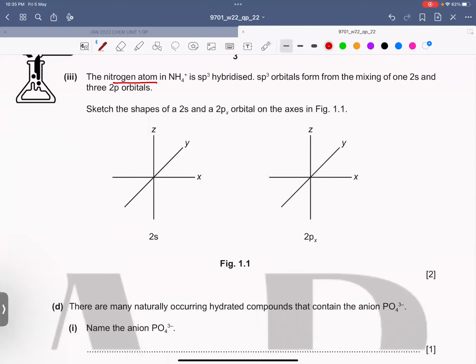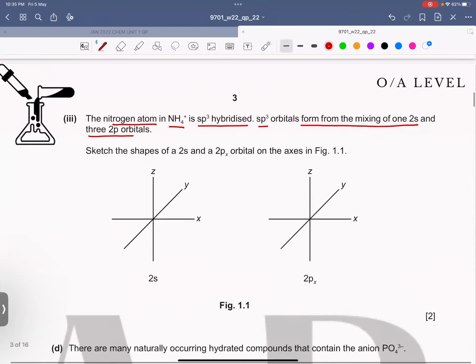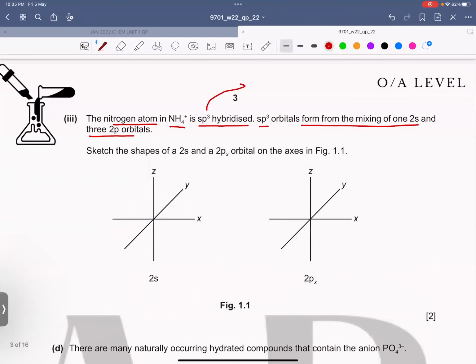The nitrogen atom in NH4 positive is sp3 hybridized. sp3 orbitals form from the mixing of one 2s and three 2p orbitals. One more thing, if it's sp3 hybridized, then it means in a compound there are all sigma bonds around that atom.